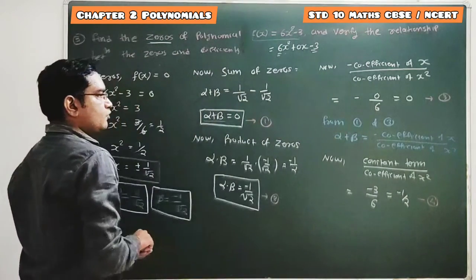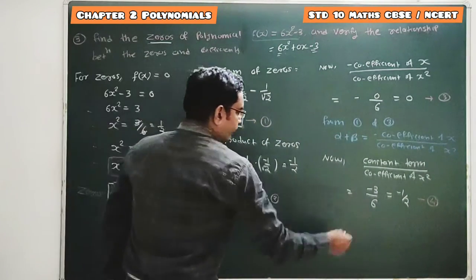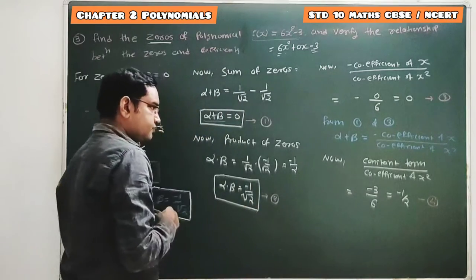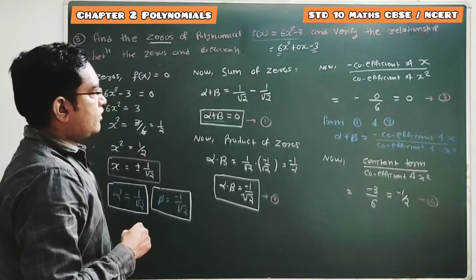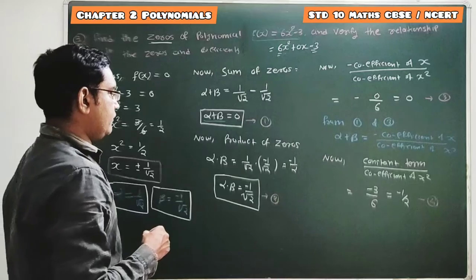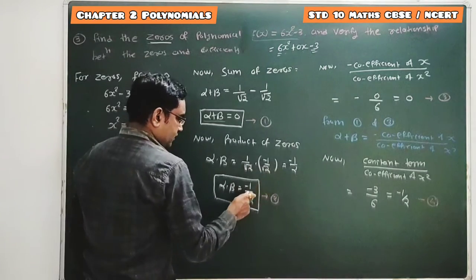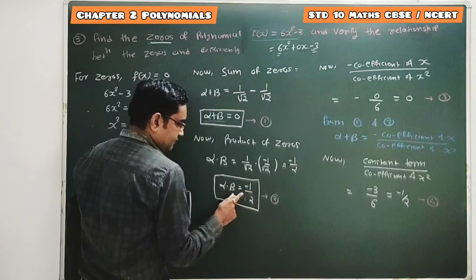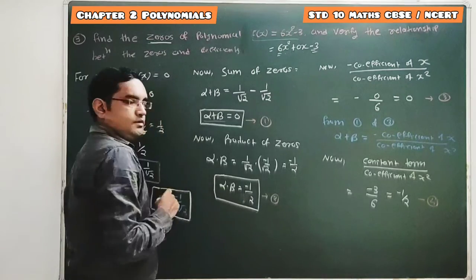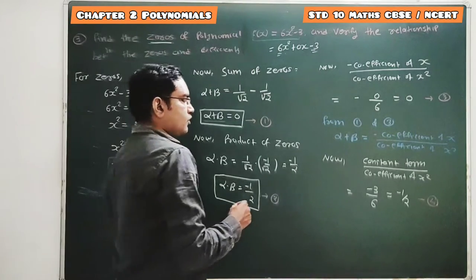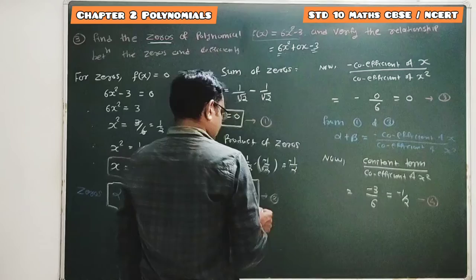Now compare both result 2 and 4. Alpha into beta, right, this will not be root 2. Done. So here the two ratios are equal.